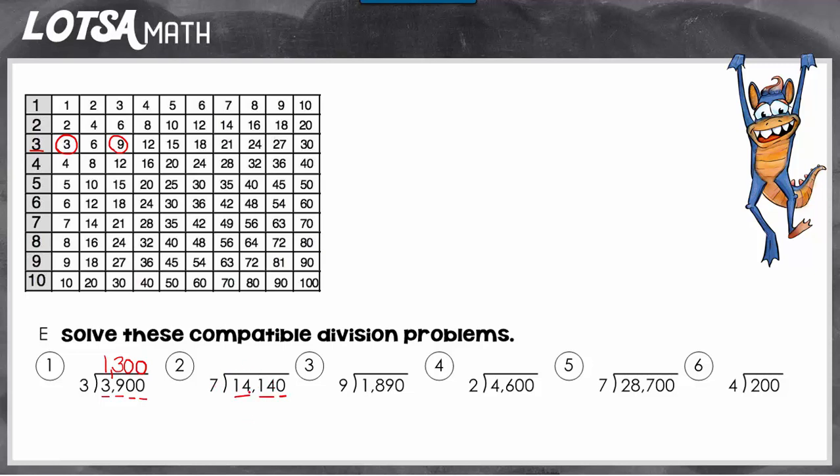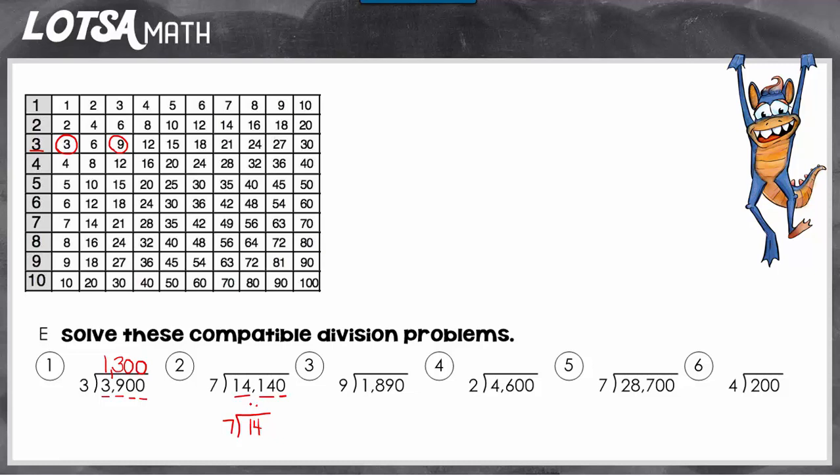But what we have here is a 2-digit number, 14, and we're dividing by a 1-digit number, and we're getting a 1-digit quotient, an answer. So since we have 2 digits here, but our answer is just 1 digit, we have to decide, are we going to put the 2 on top of the 1 or on top of the 4?